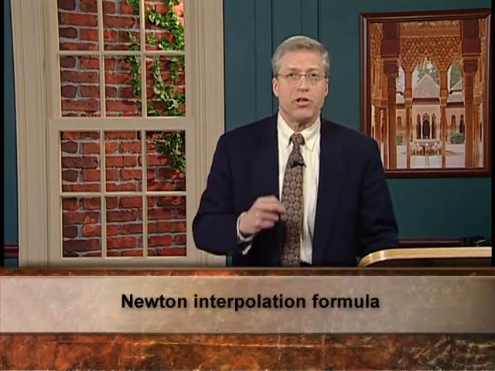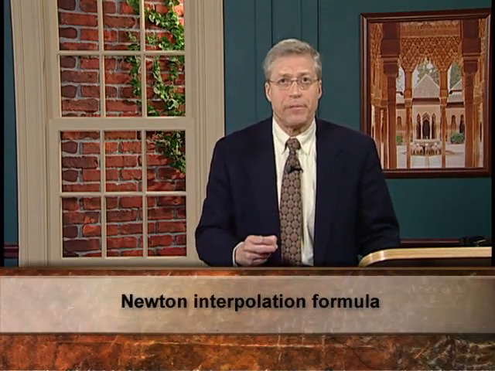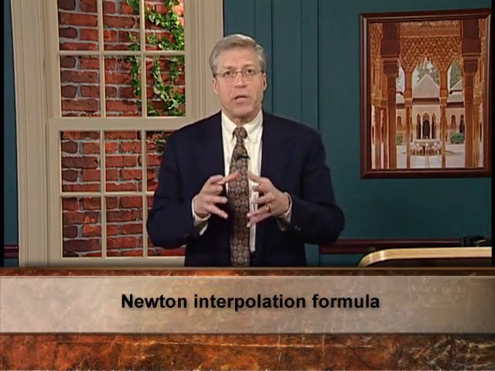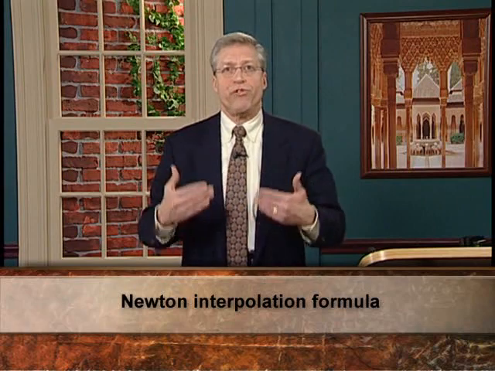That's something that Isaac Newton discovered, and it's known as the Newton interpolation formula. But what we find here is the Newton interpolation formula in its full generality that clearly was known to the Chinese mathematicians at the end of the 13th century.